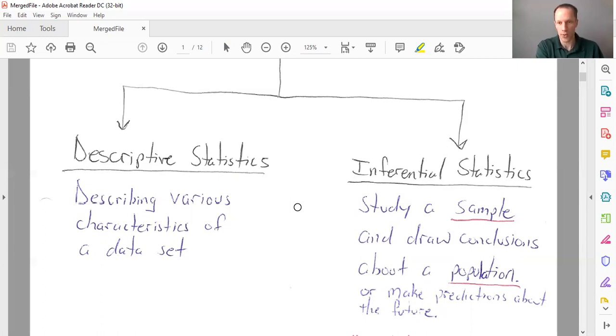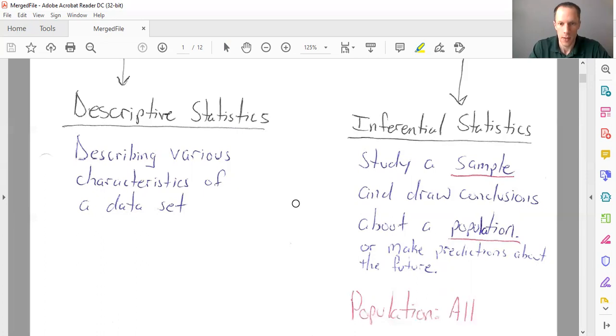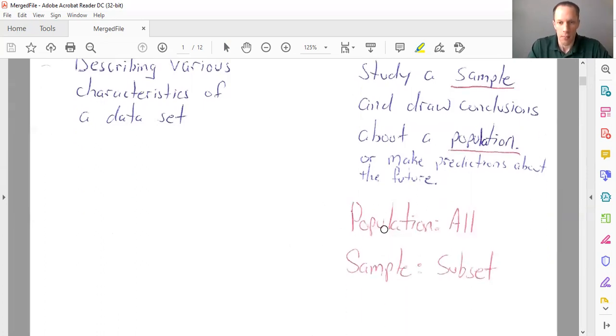That small group is called the sample. And then based on what we learn about our sample, we try to go back and make some conclusions about the population from which we took that sample. Okay, so again, population, the key word is all. The sample would be a subset of the population, a small group that's taken out of the population.